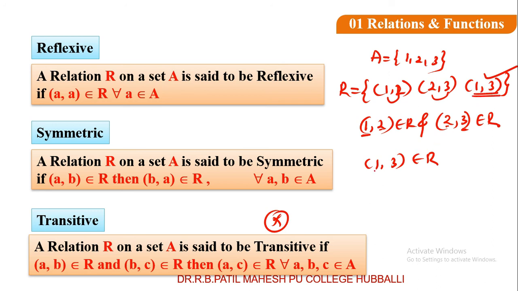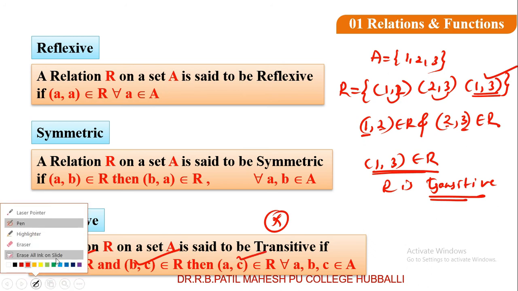Therefore, the relation is known as transitive relation. It satisfies that (a, b) belongs to R and (b, c) belongs to R and (a, c) belongs to R.